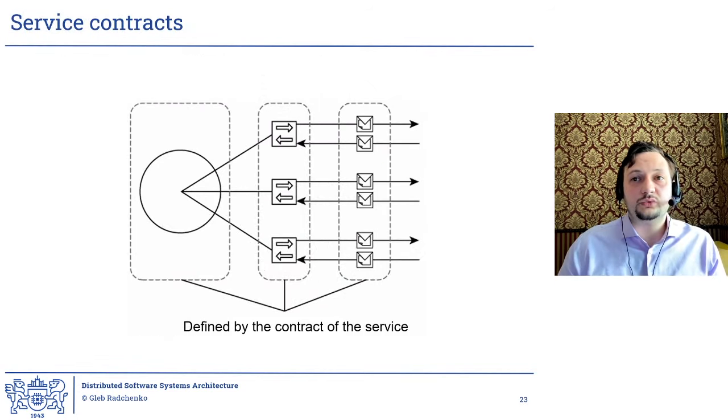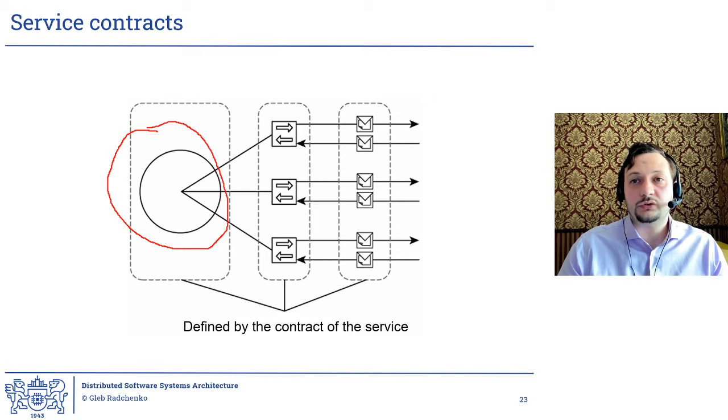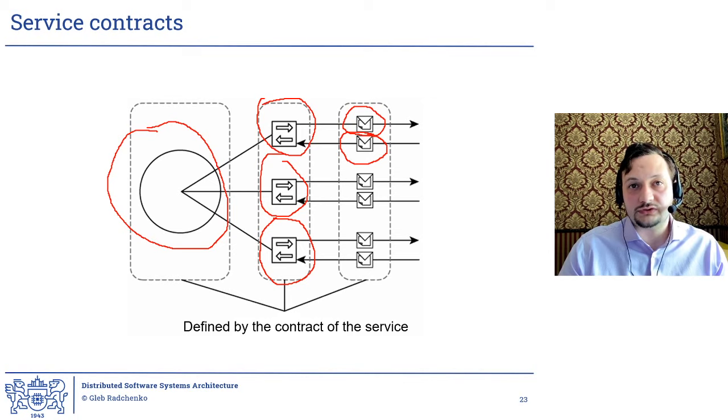So here we can see on this slide that we defined the endpoint where the service is located. We defined all operations that are implemented by this service. We defined all the parameters of these operations, incoming and outgoing parameters. And we defined the means of transport that this service accepts.